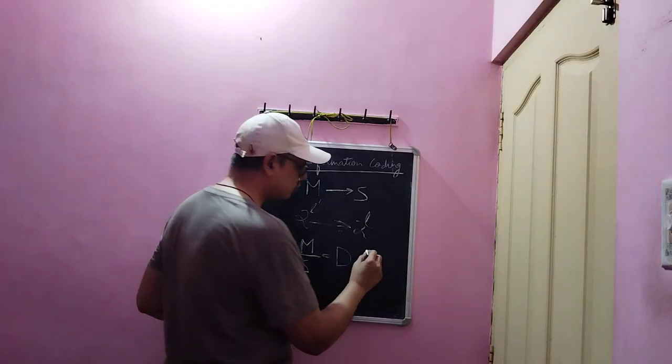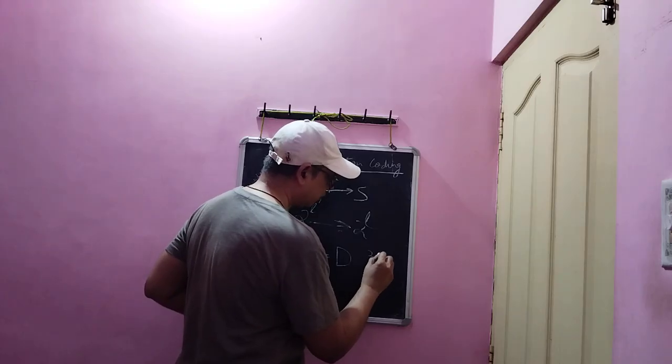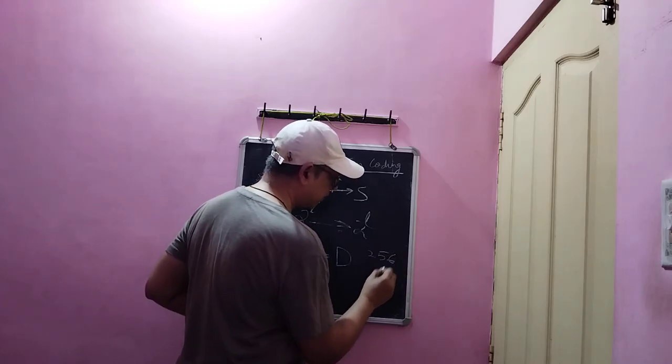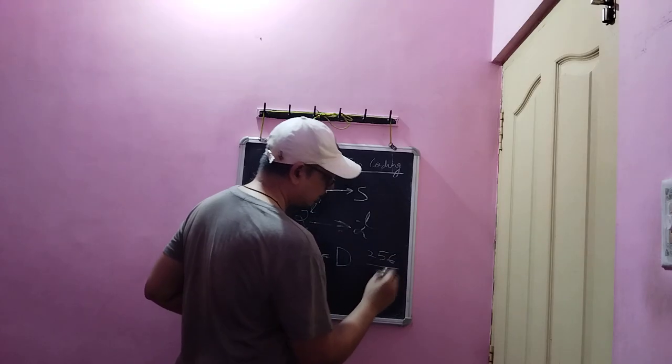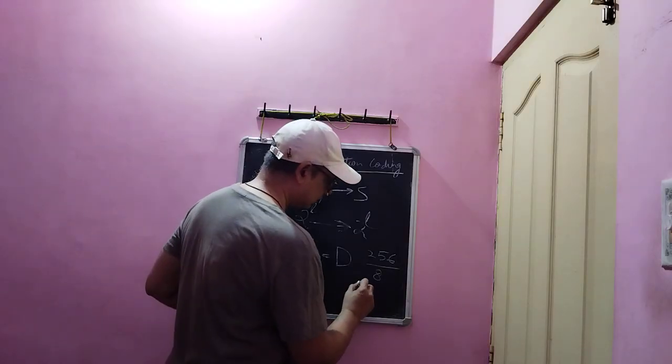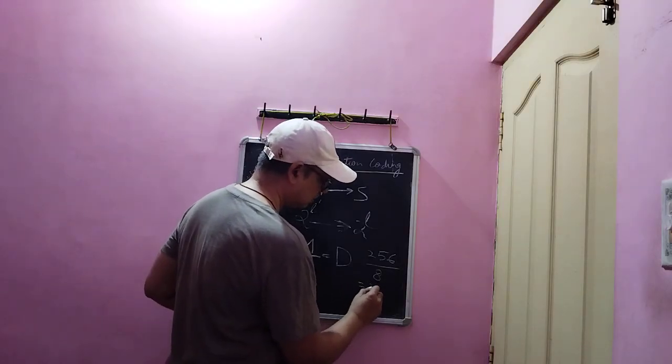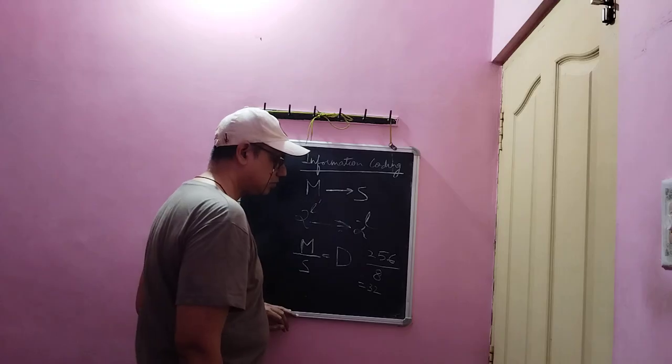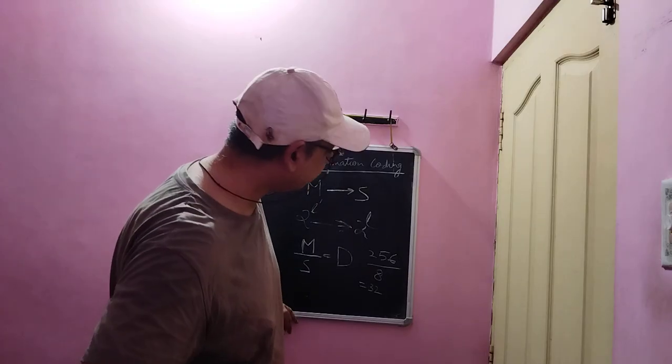For instance, if you want to code 256 bytes in 8 bytes, then nearly 32 times it becomes. So it will be very, very large.